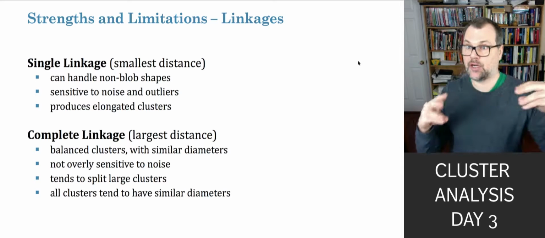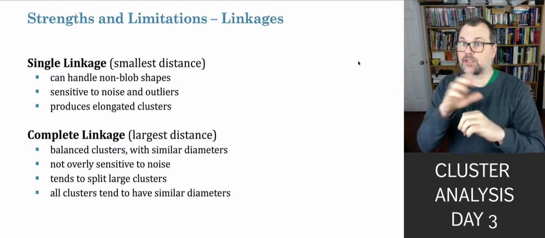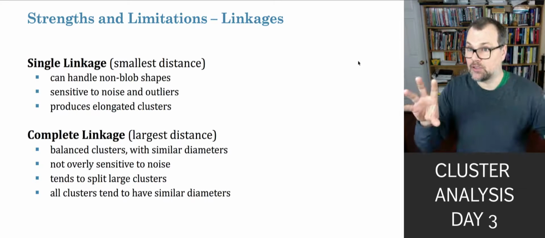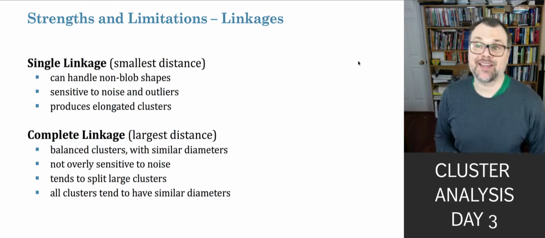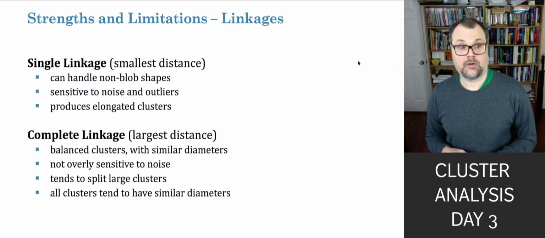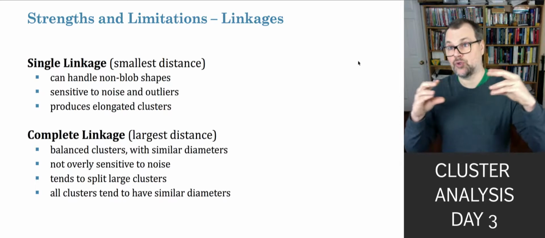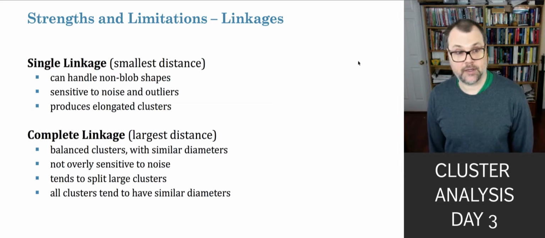If you have shapes that are like strings or chains, smallest distance will be able to find these clusters, or at least it's better suited to find these clusters. But it is quite sensitive to noise and outliers. And it does have a tendency to produce these cigar-type shaped clusters when you plot the data.